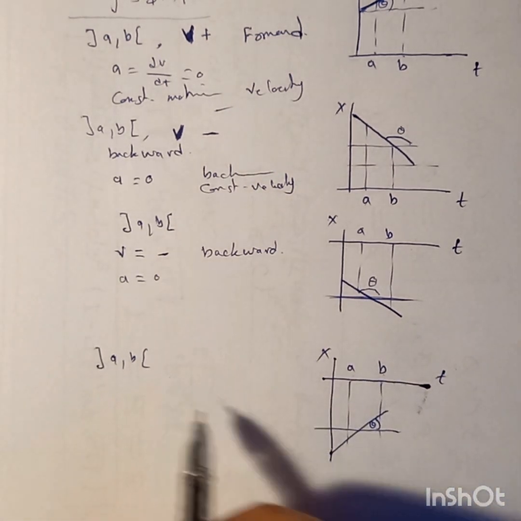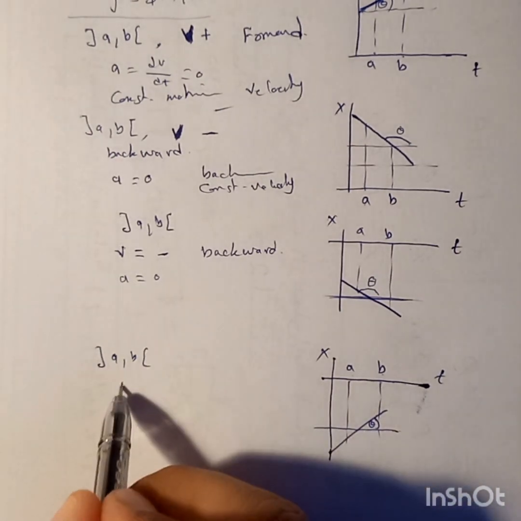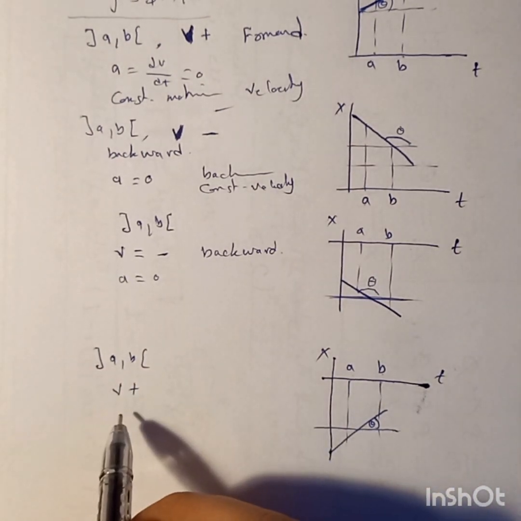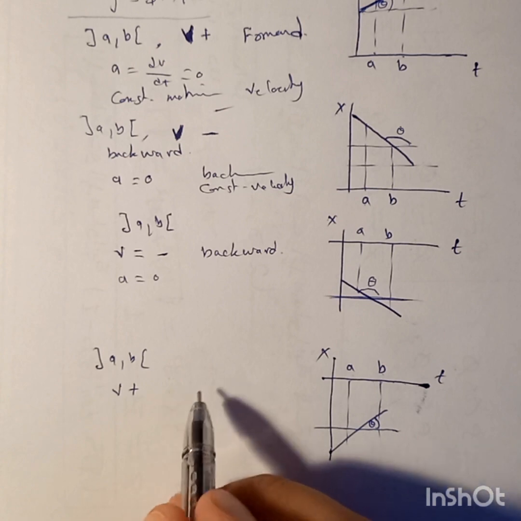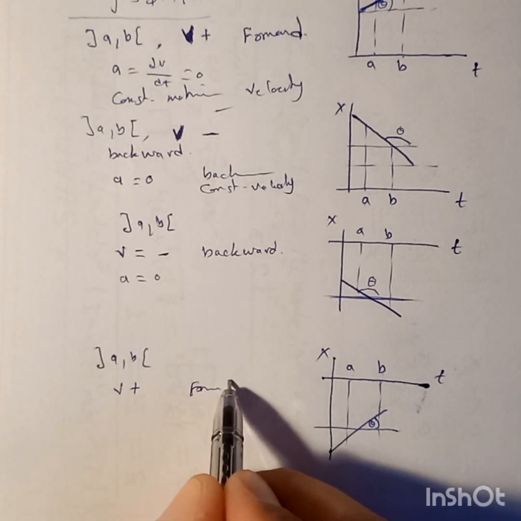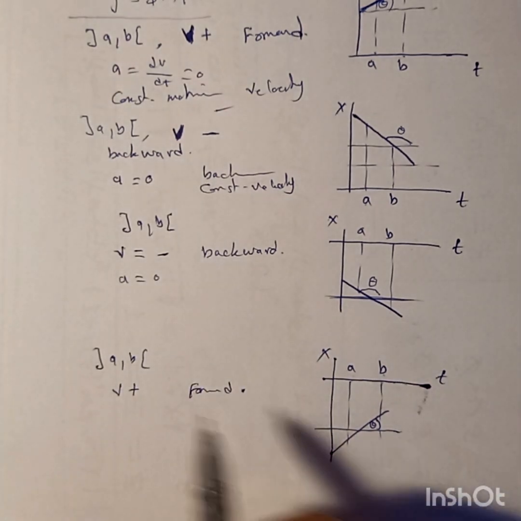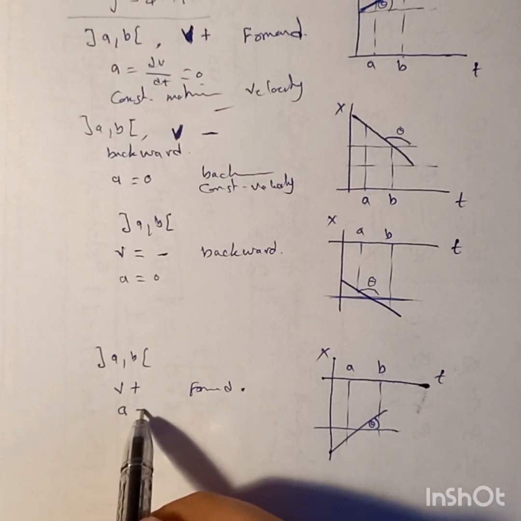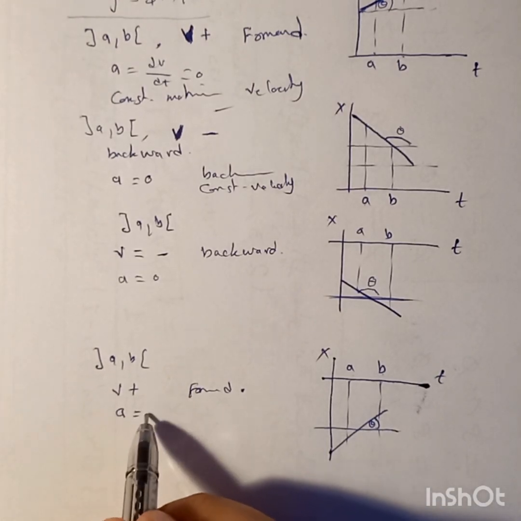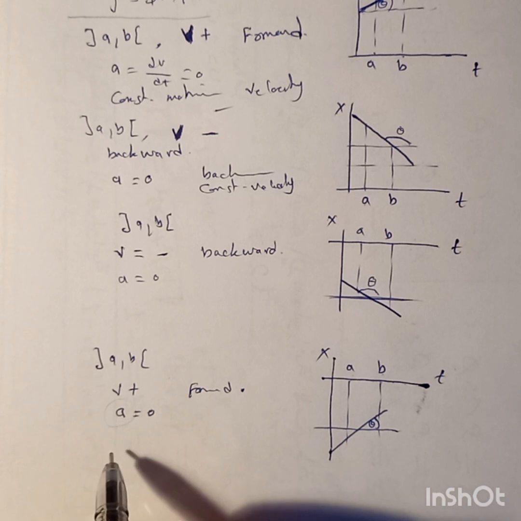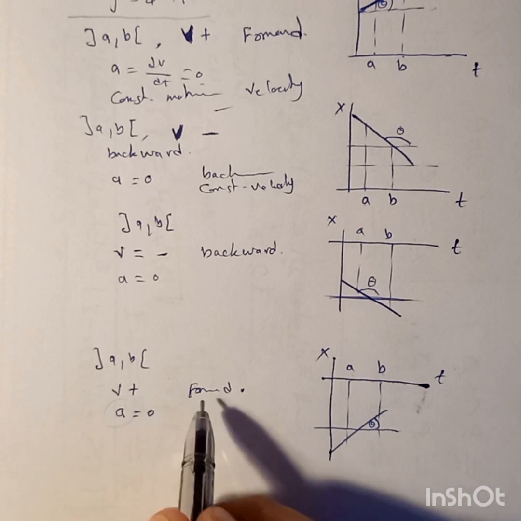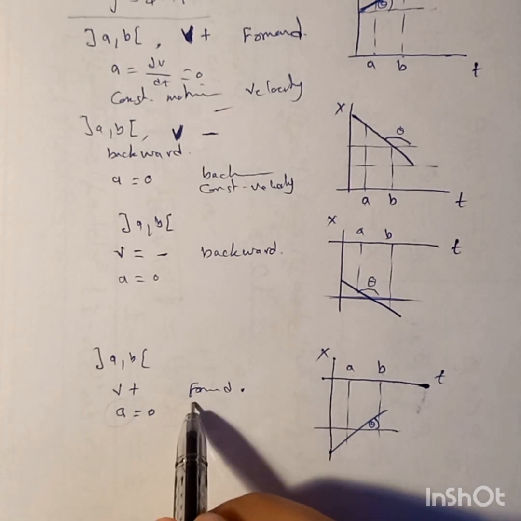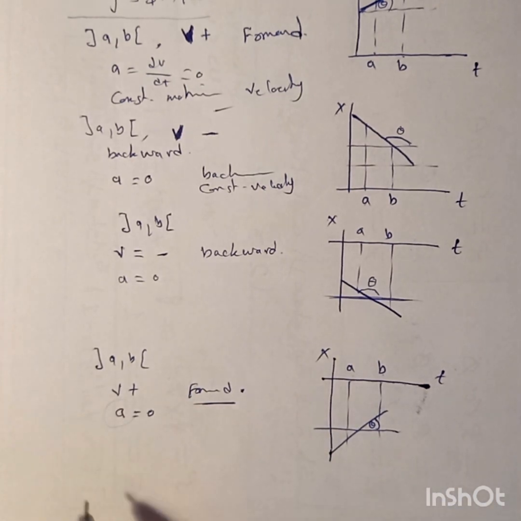Then the slope of this one is positive, then v is positive as well. Then here the body is moving in the forward direction. Also, as v is constant, its derivative with respect to time is 0, so acceleration is 0, then the body is moving in the forward direction with constant velocity.